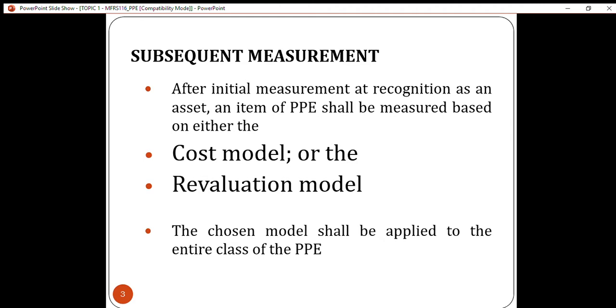As we all know, PPE are initially recorded at cost and depreciated except for freehold land. After initial measurement, an item of PPE shall be measured based on either the cost model or the revaluation model, and the chosen model shall be applied to the entire class of PPE in order to be consistent.